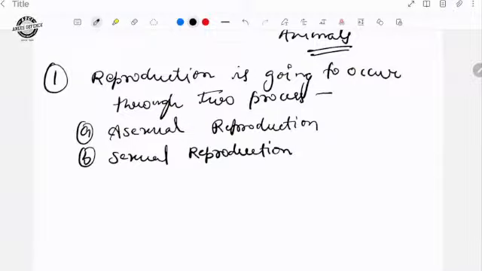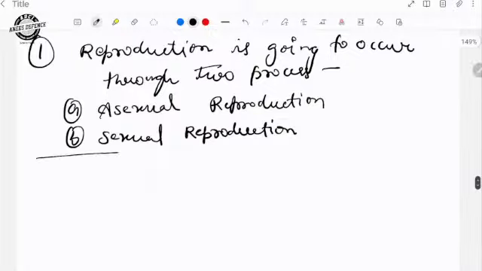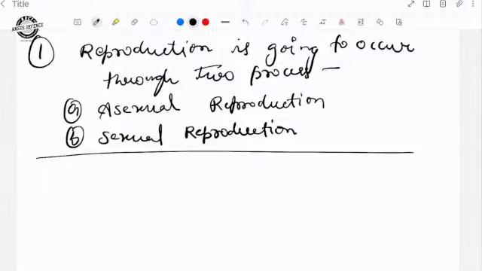These are the two types. Asexual reproduction and sexual reproduction happen in both plants and animals. One by one, we are going to study both in plants and animals. First, we are going to study reproduction in plants.